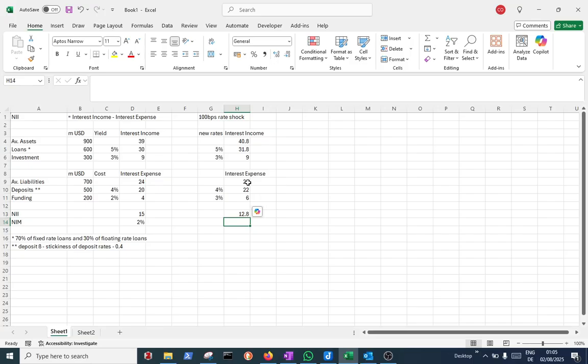No. And what do we see here? We see here that we are a little bit dragged down by expenses, by liabilities. And as the interest rate increases, we have more impact from expense generating liabilities than assets. Let's calculate the margin. The margin will be 12.8 divided by average assets.